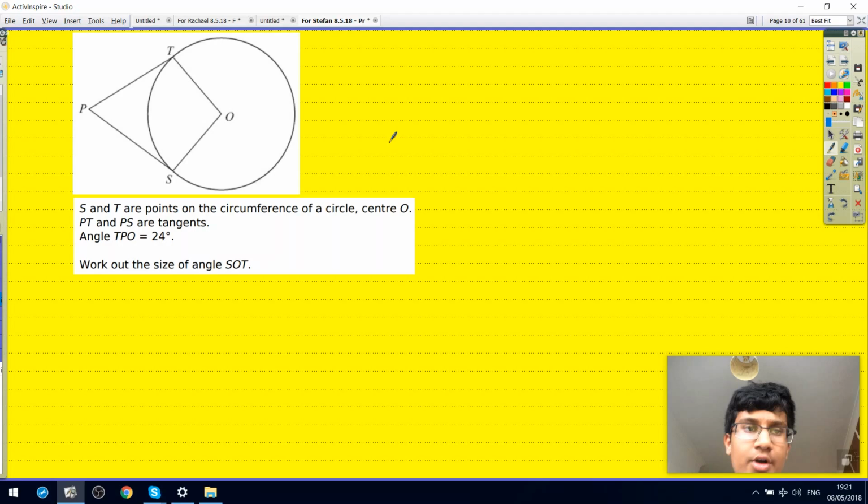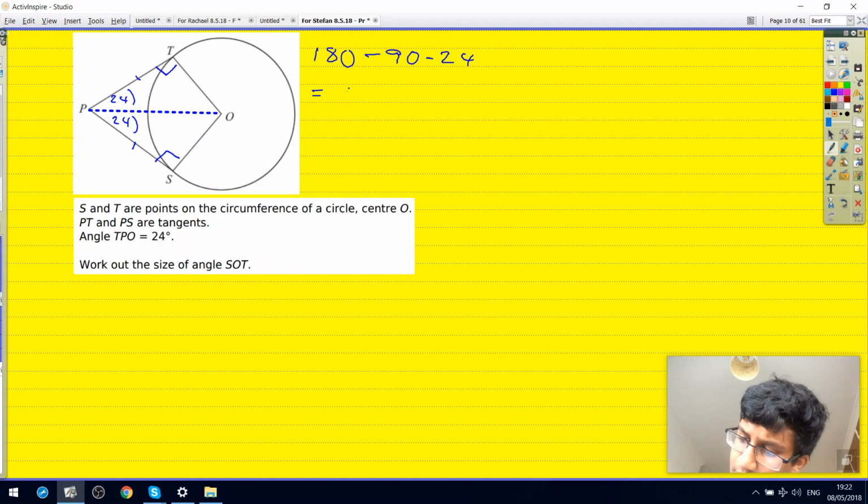Angle TOP equals 180 minus (90 plus 24), which is equal to 66 degrees. And then angle SOT is just 2 times 66, which is 132 degrees.